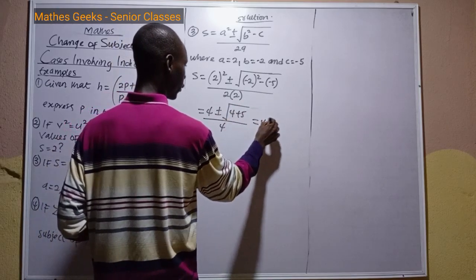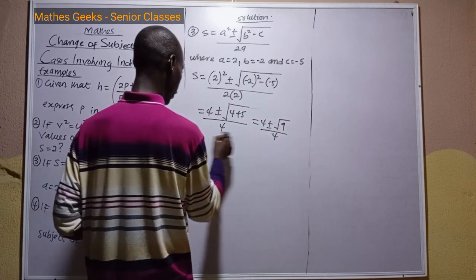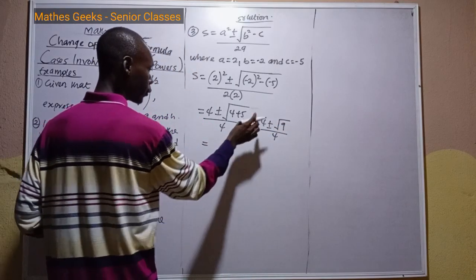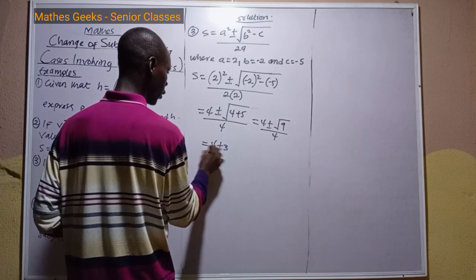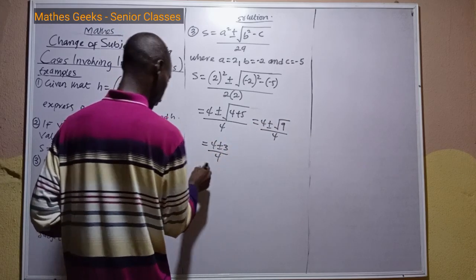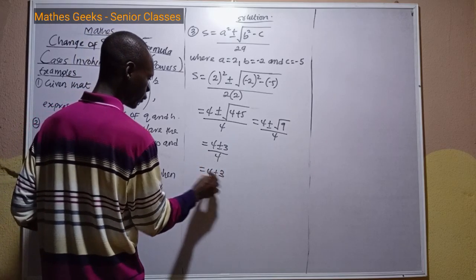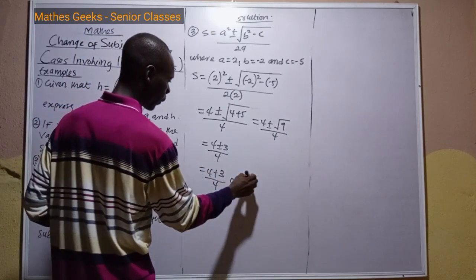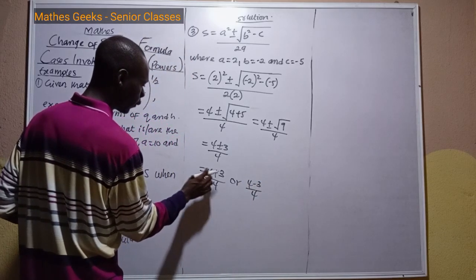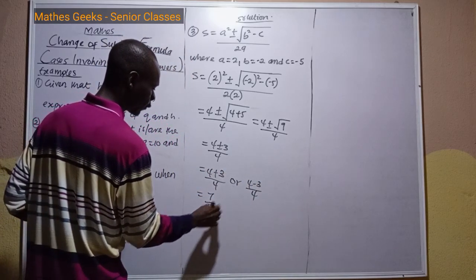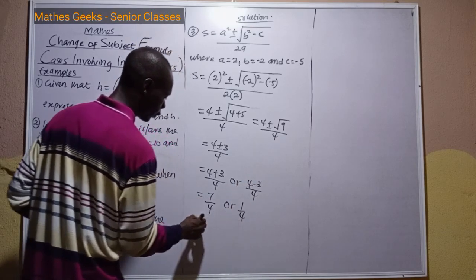So 4 plus or minus square root of 9 over 4. Square root of 9 is 3 over 4. So this is equal to 4 plus 3 over 4, or 4 minus 3 over 4, which is 4 plus 3 is 7 over 4, or 4 minus 3 is 1 over 4.